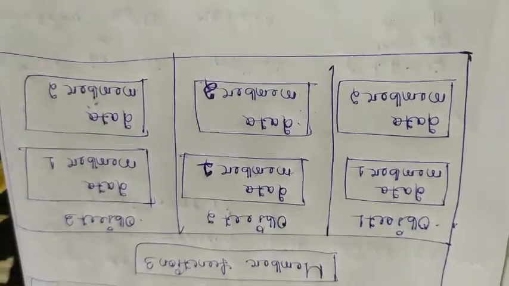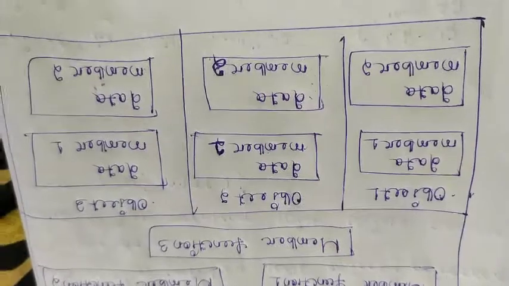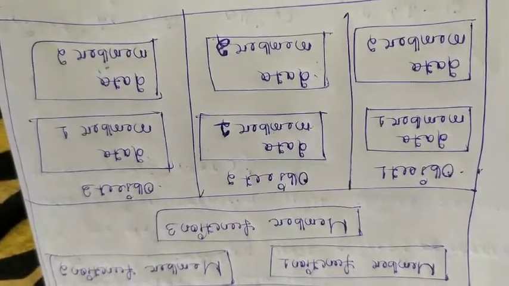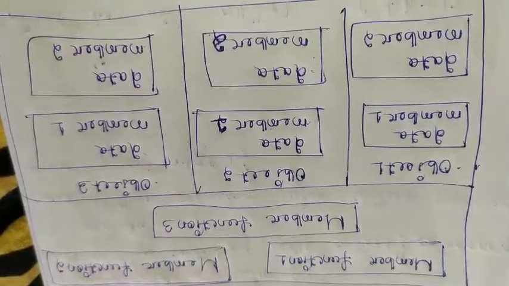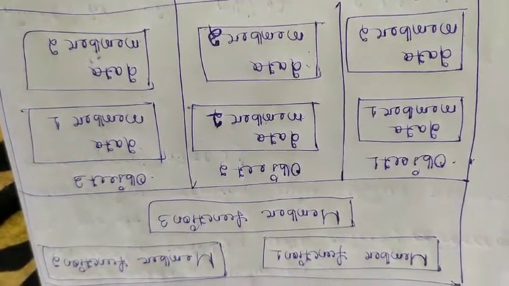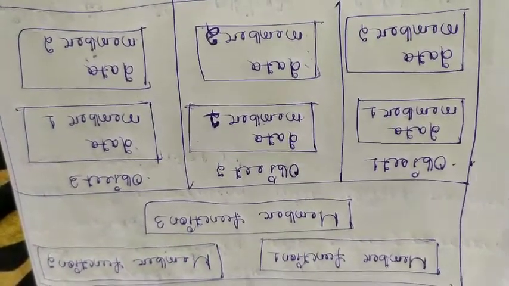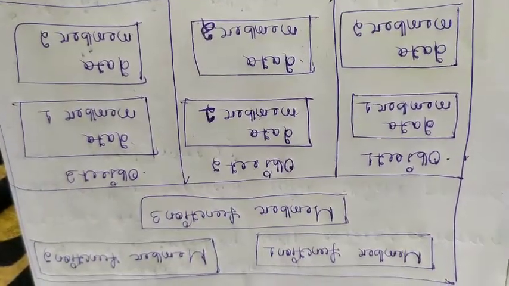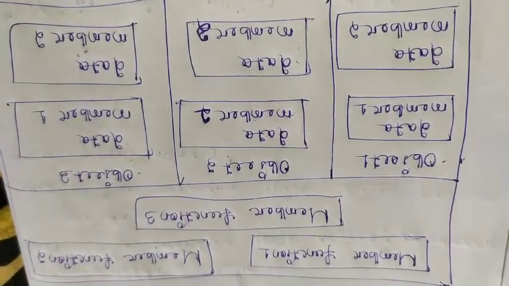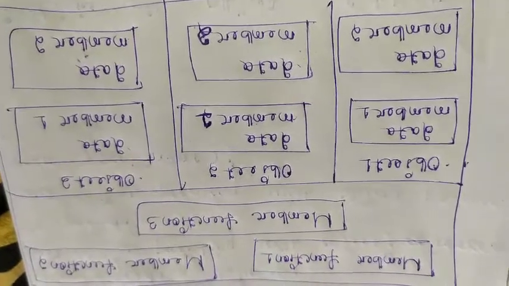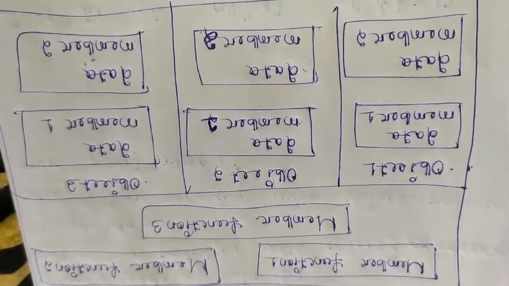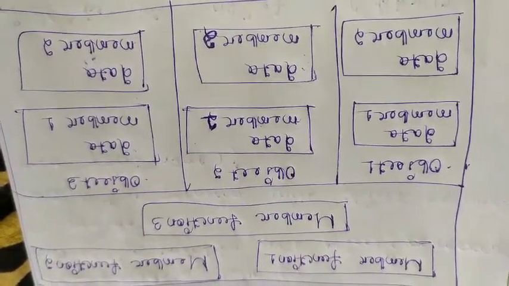So let's see what the problem is. If only one instance of the member function exists, how does it come to know which object's data member is to be manipulated? Let me explain.